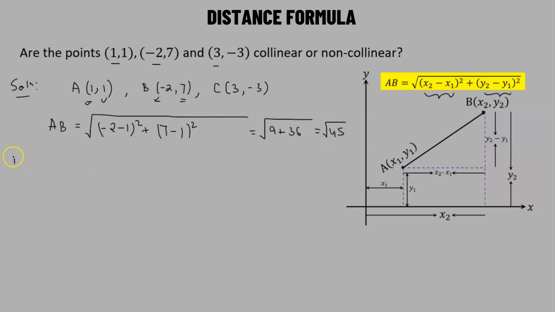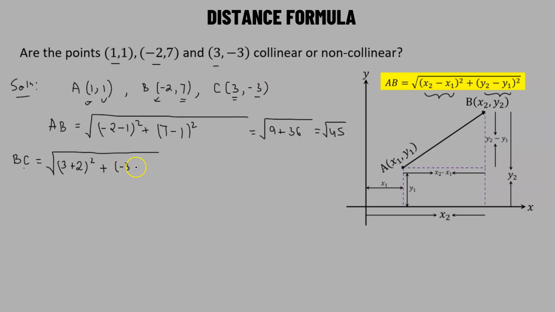Now coming to BC. BC will be equal to, we'll take the square root first. We'll have to start with C since we are considering BC. The x coordinate of C is 3. So we take 3 and from here subtract the x coordinate of B, that's -2. So negative of -2 will make it positive. So we have 3 plus 2 whole squared. This will be added to the difference of the y coordinates. We'll start with C, so we have taken -3.